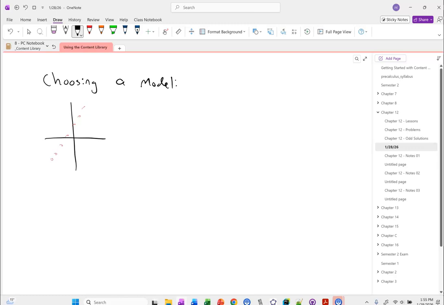So if my data points look like this, probably want to use a linear model. Looks like a line, right? If my data looks like this, I'm going to use a quadratic, because what's that data look like?